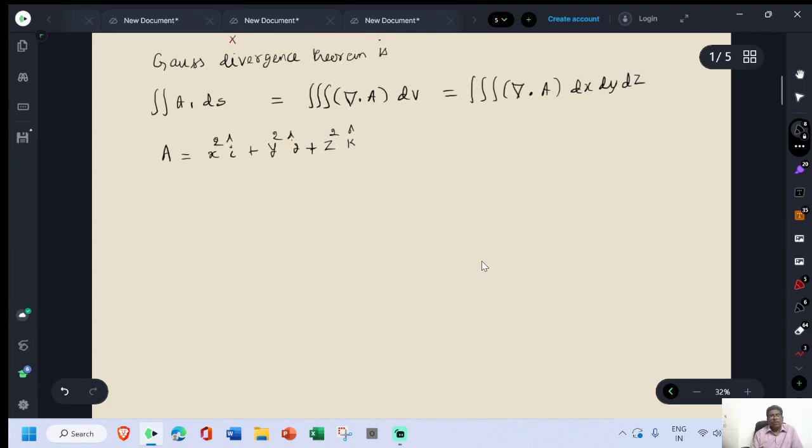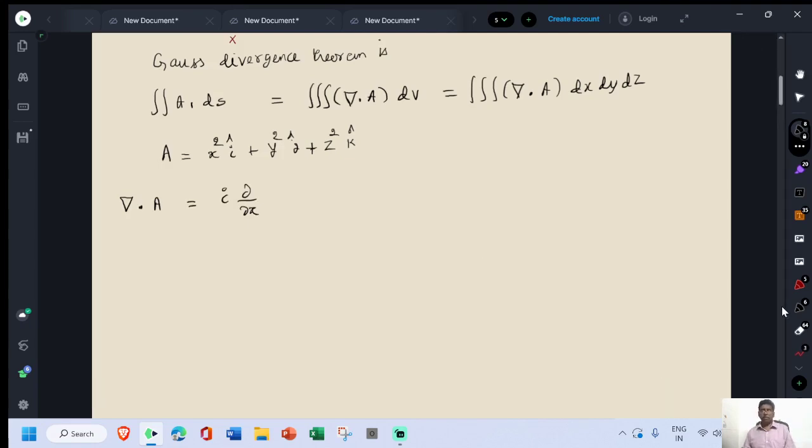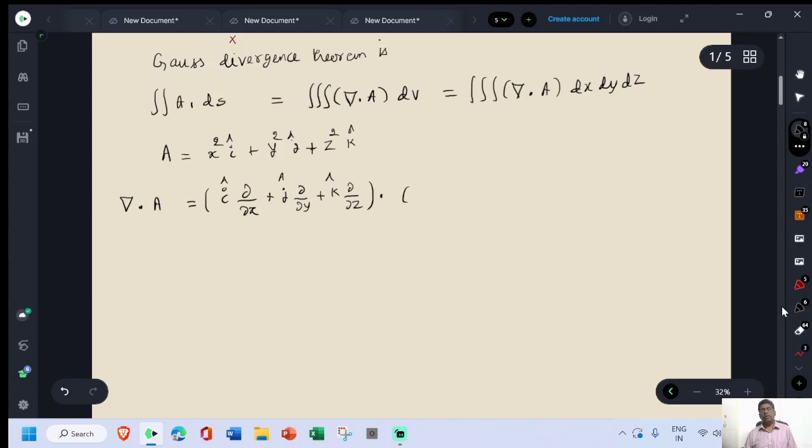Now find out the value of del dot A. Del dot A equal to i into dou by dou x plus j into dou by dou y plus k into dou by dou z dot x square i plus y square j plus z square k.